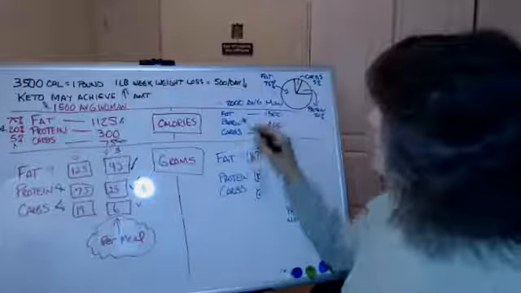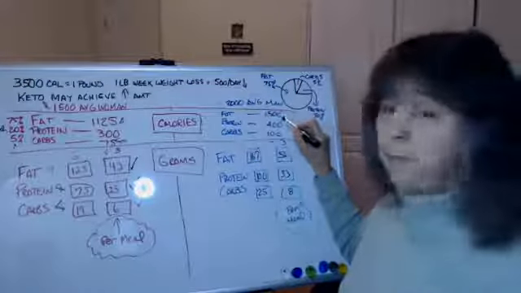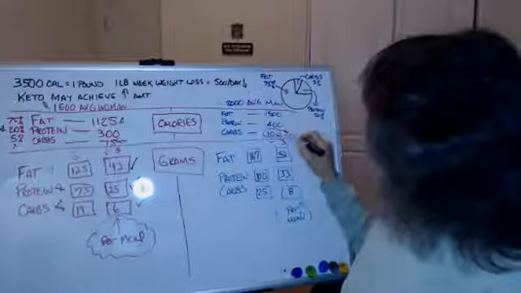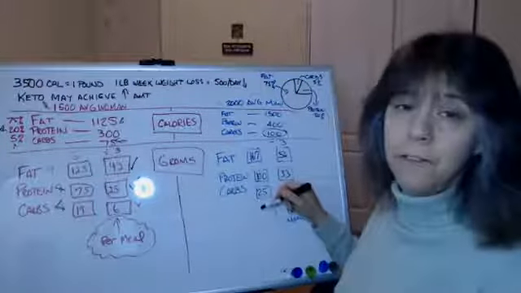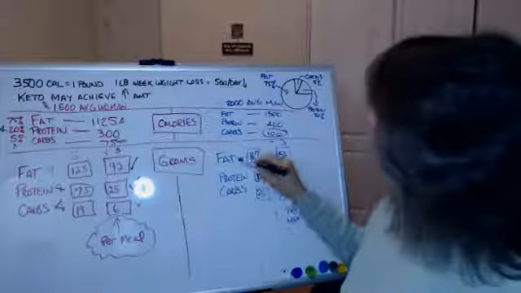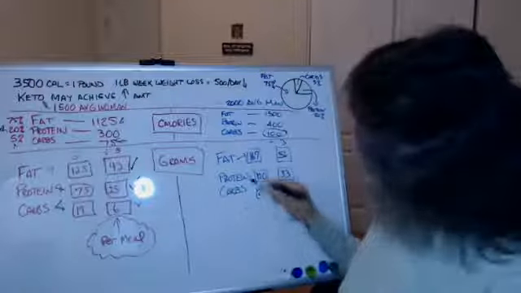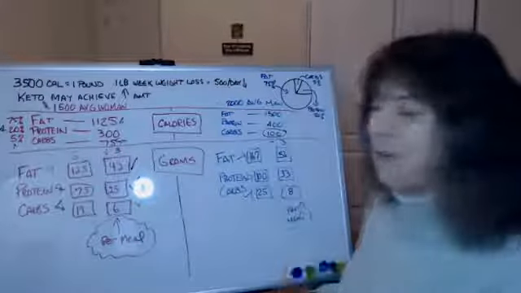Let's talk about the man's side now. For a man, 2,000 calories a day: 1,500 of fat, 400 in protein, and 100 in carbs. I did all of this calculation ahead of time, so I didn't have to keep you on this video for so long. That's 167 grams a day of fat, 100 of protein, and 25 of carbs.